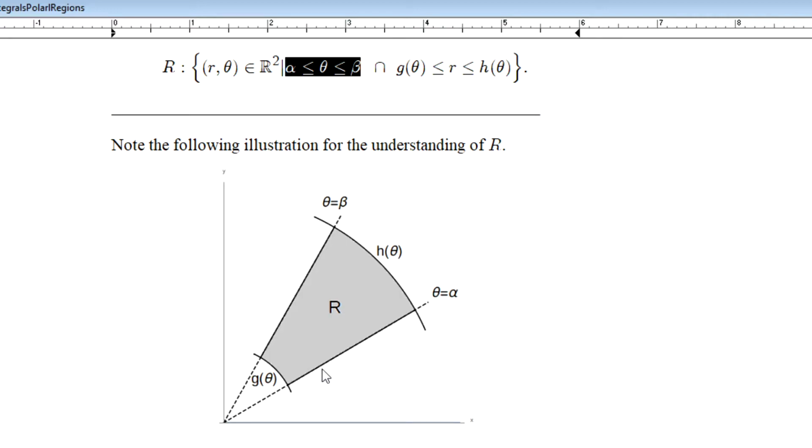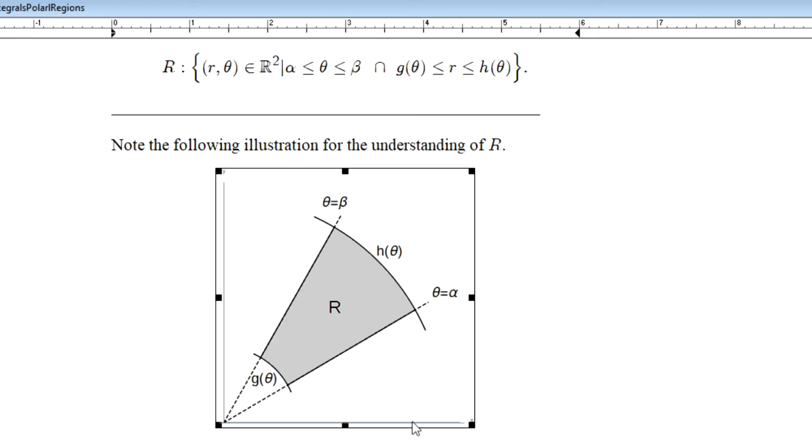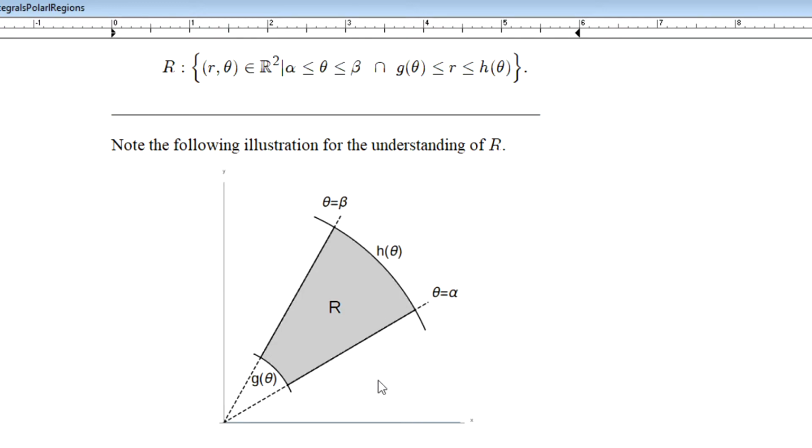We have this angle measurement here, known as theta equal to alpha, and region R begins at that radial measurement in this picture and continues up through the radial measurement where theta is equal to beta.